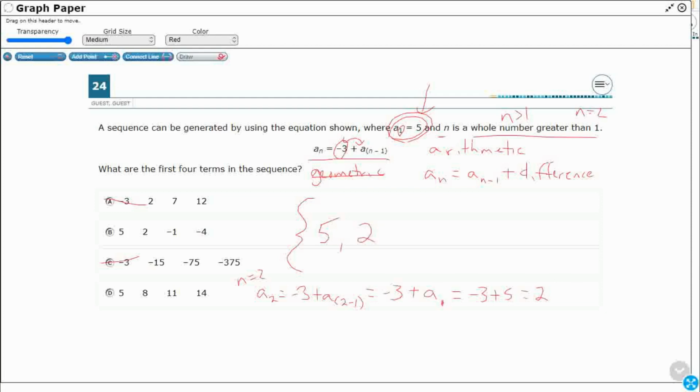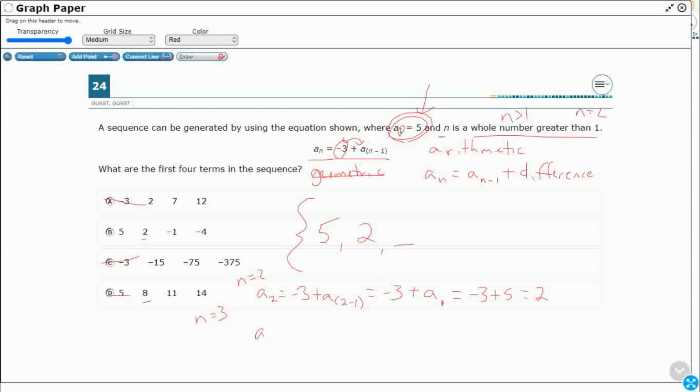So even after that very first time, we've got a divergence here. This choice D is adding 3, and B is adding negative 3 or subtracting 3. It's looking like B is looking good, but let's see what happens when n equals 3. That means the third term in the sequence.